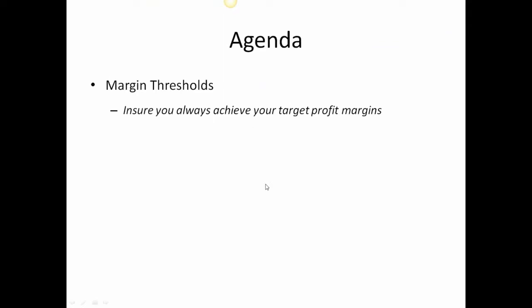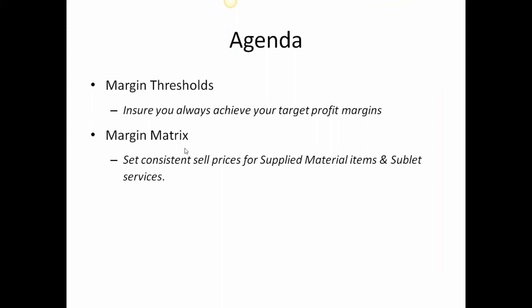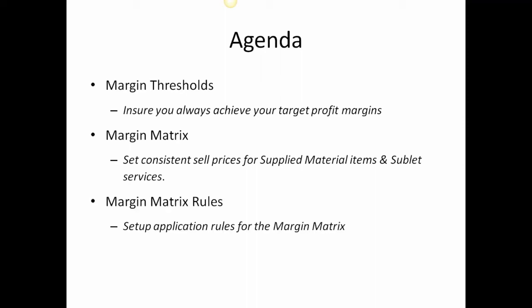So our agenda for today is going to cover margin thresholds. Now, often I refer to this as your guide to good profit, but essentially we're saying the margin thresholds are the best avenue we have to ensure that you achieve your profit targets. Another item we'll cover today is margin matrix, and this is how you'll set up consistent prices for your supplied material items and sublet services.